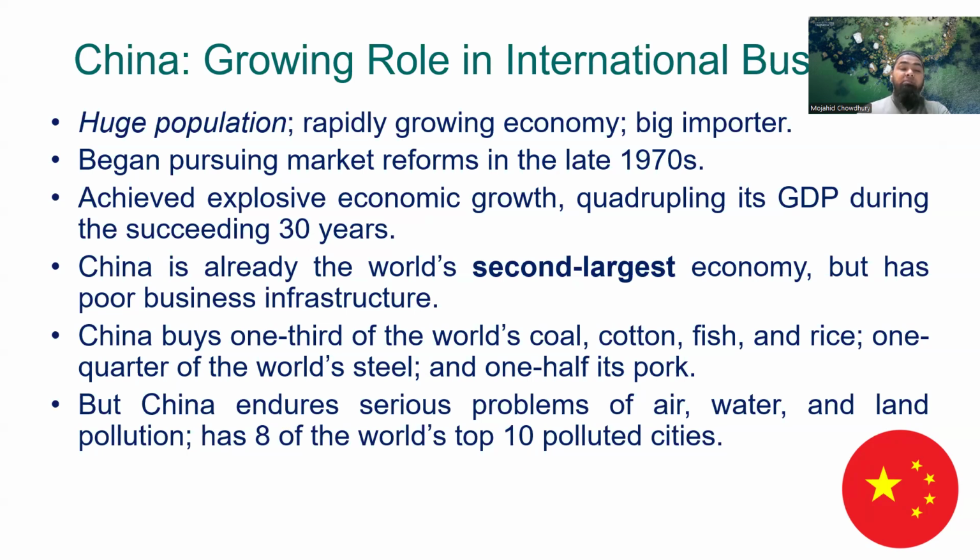But this population is sometimes a blessing, because it helps the business to flourish, because to fill the gap and the demand of the huge population, you need to have business. So China is also a big importer and has been pursuing market reforms since the 1970s.